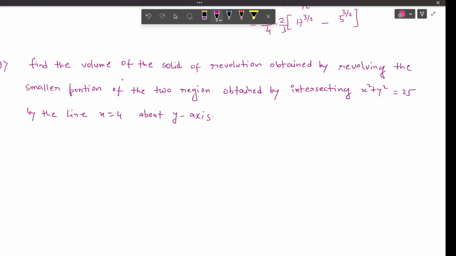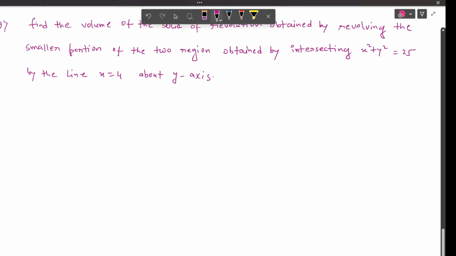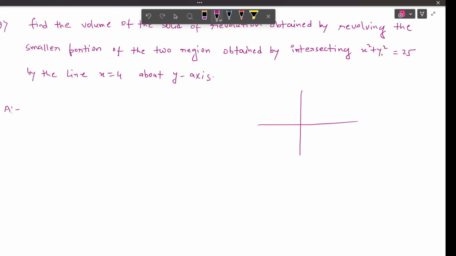So let us see the solution. Let us see the graph first. So here it's a circle passing through origin where radius is 5. So this is 5, 0.